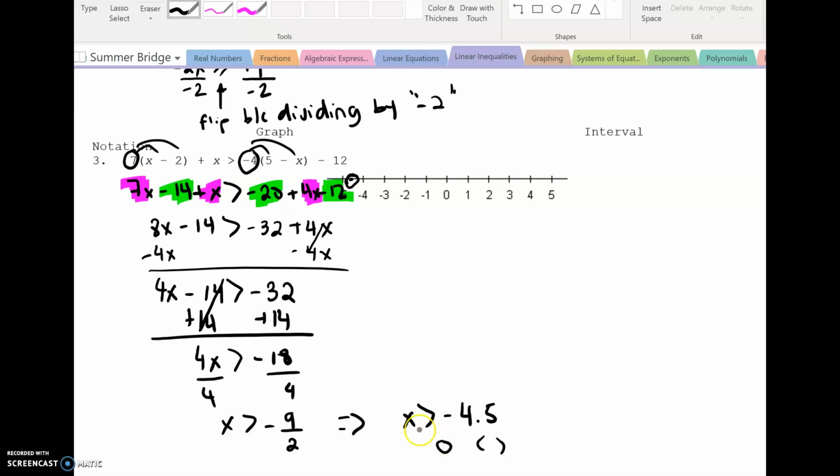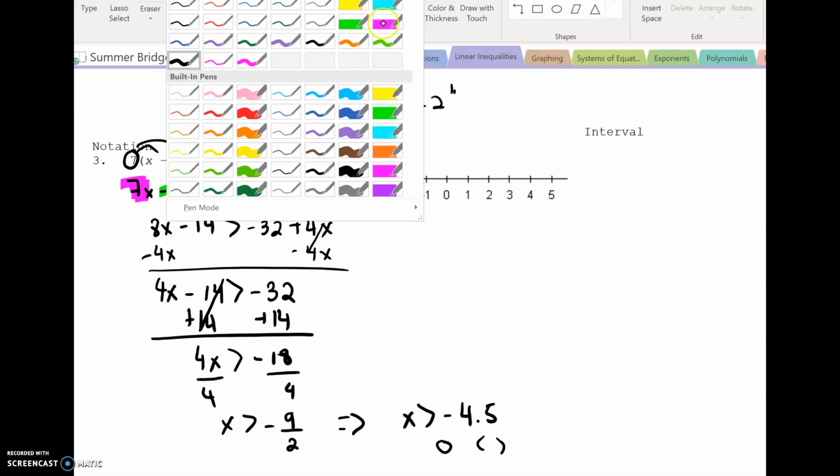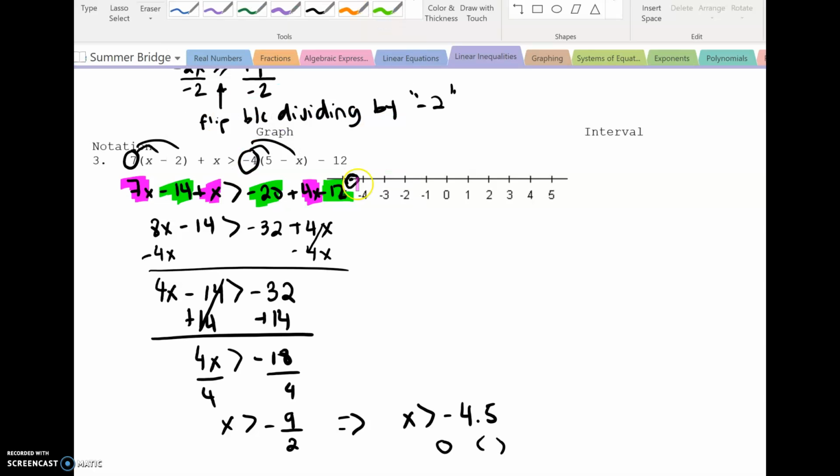Now -4.5 is the smallest number, so I'm going to shade in the right direction, because all the numbers have to be bigger than -4.5. If we were to do the other notation, we'd have parentheses and you'd be going in that same direction.